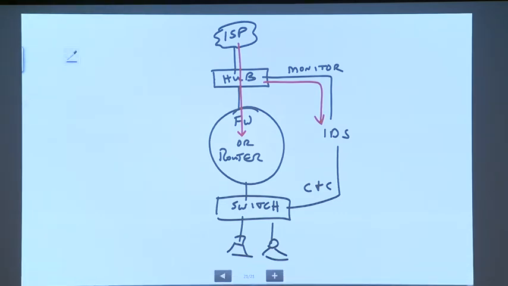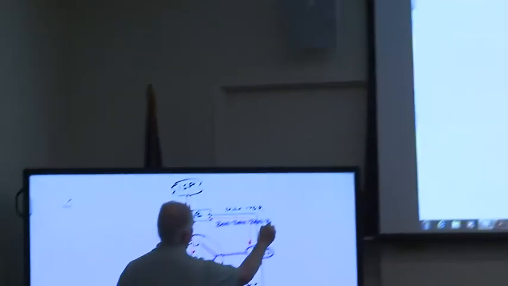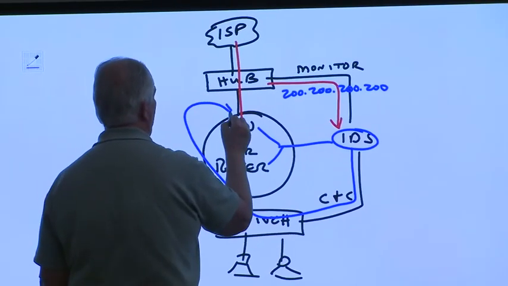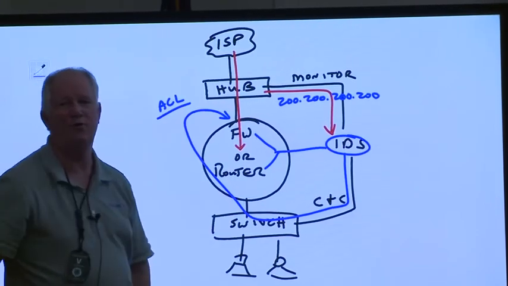my IDS and my firewall and router come from the same manufacturer, we can marry these together. By marrying them together and coming in through command and control, could my IDS see that Grant is attacking me from 200.200.200.200 and rewrite my access control list right up here and say block 200.200.200.200?